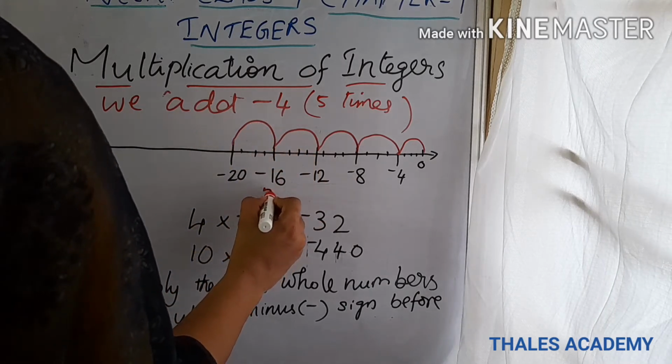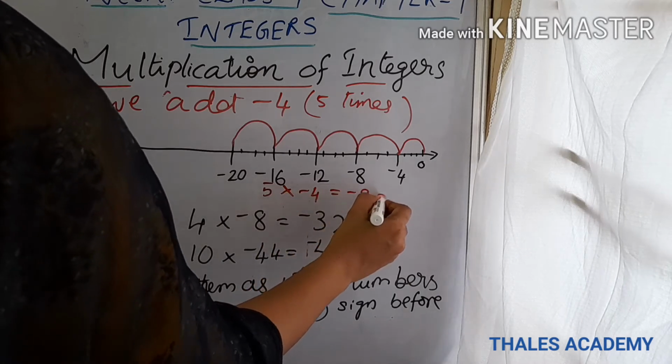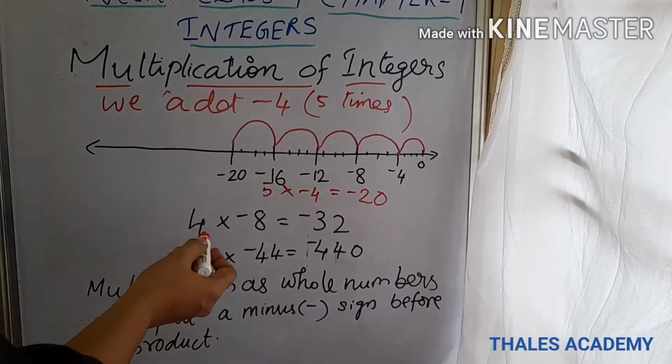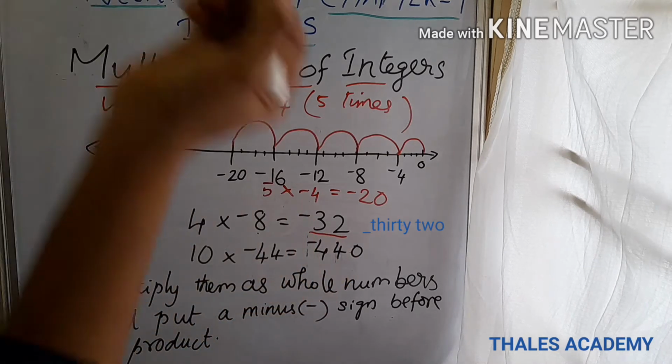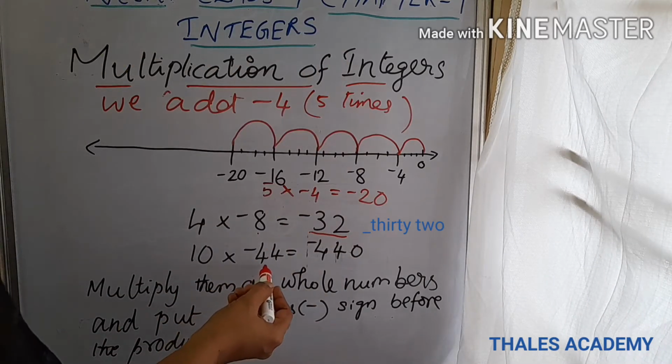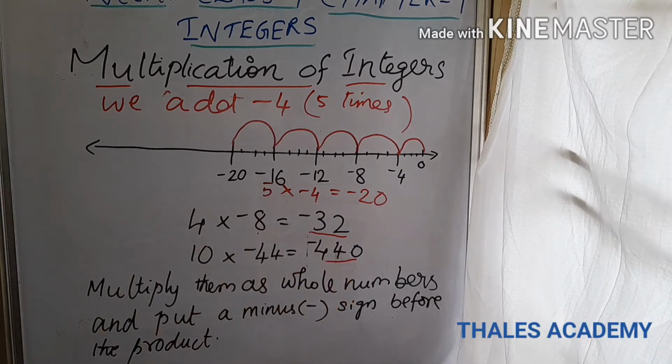That is 5 into minus 4, we get minus 20. 4 into minus 8, we get minus 32. 10 into minus 44, we get minus 440.